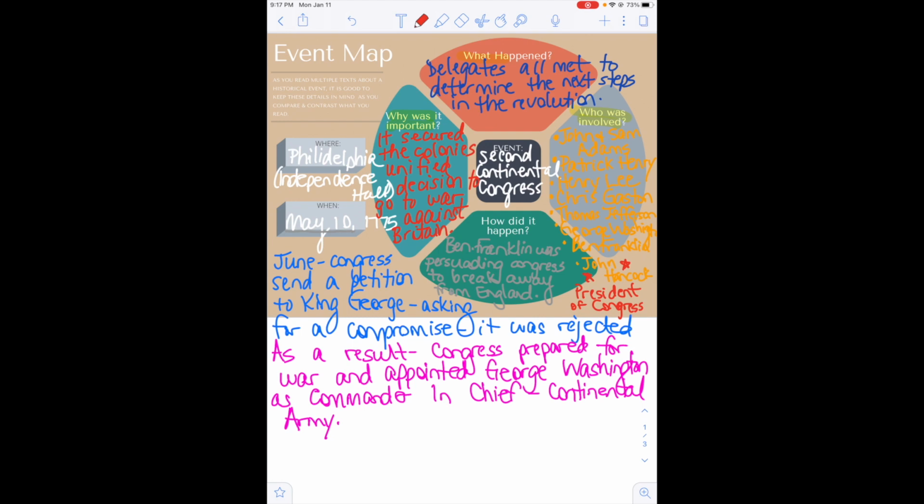So without that Second Continental Congress meeting, there wouldn't have been as collective direction heading towards an actual war.